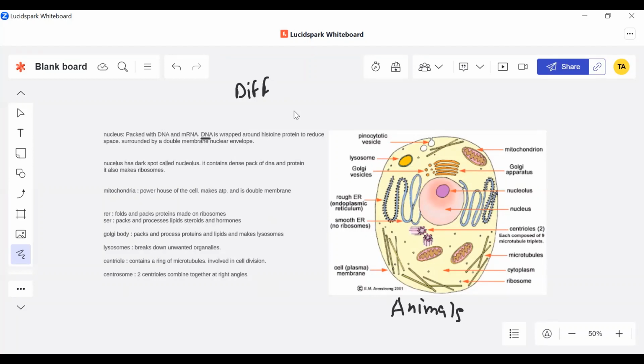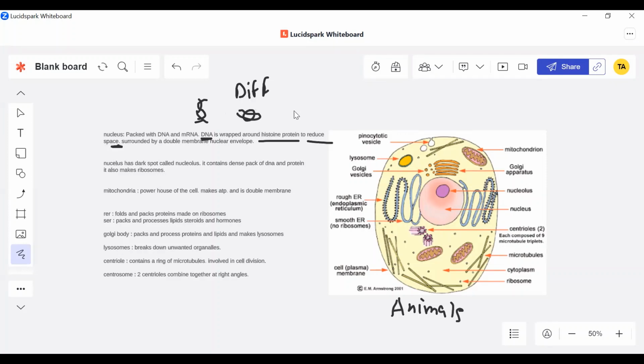And this DNA, right? This is a DNA. Don't mind my drawing, but this is a DNA, and this DNA is wrapped around histone protein. So I've wrapped this DNA around histone protein, and what this does is it reduces space.